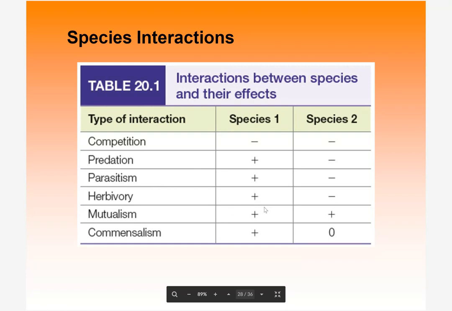Think of deer: they benefit, and the plants do not. Mutualism: they both benefit. And then commensalism, where one benefits and one doesn't really have any effect at all, like a tree where birds live, for example. There could be benefits or negatives, but in general, that's the example we talked about.